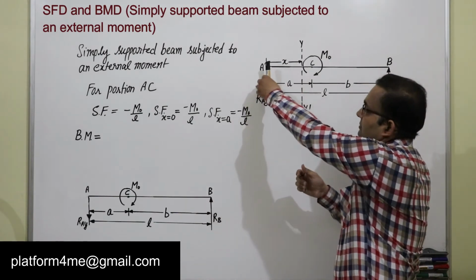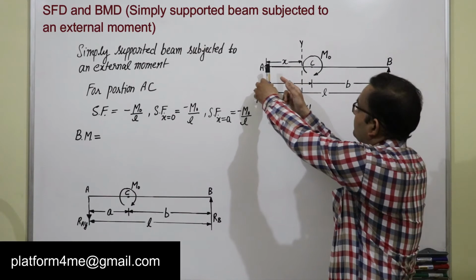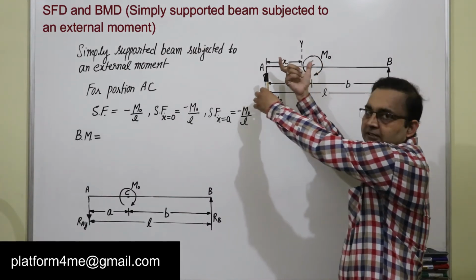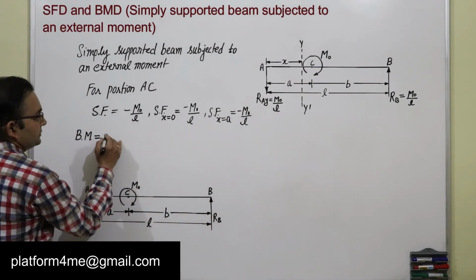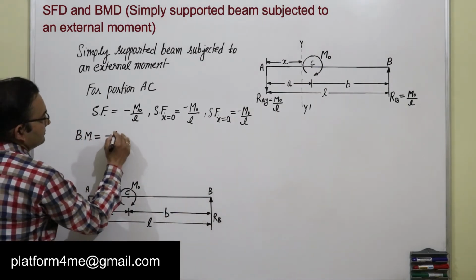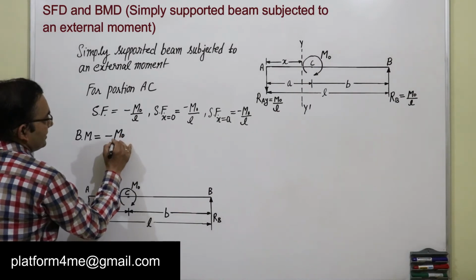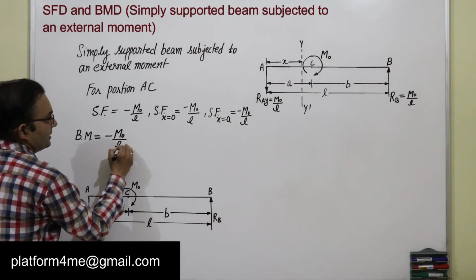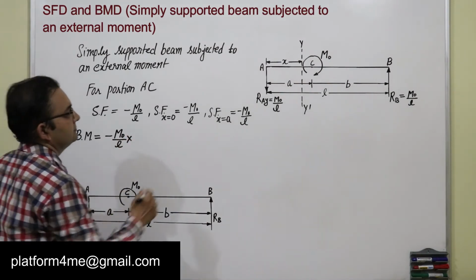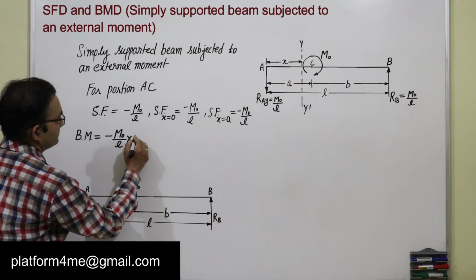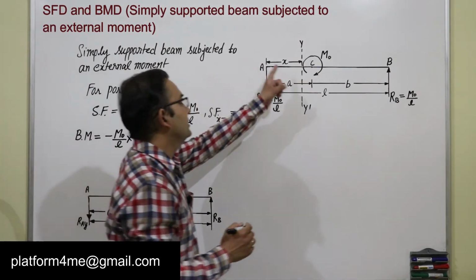This is the force Ray which is downward, and the distance of this force from section is x. So bending moment is, force is negative, it is downward, that is why it is negative, minus m0 upon L into x. This is the distance from the section.